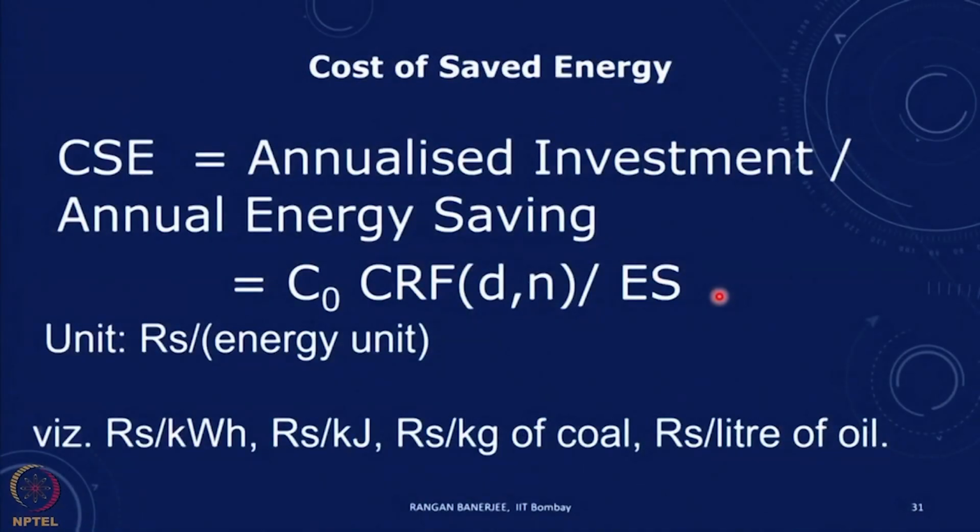So, there is this other concept, the cost of saved energy, which is very similar to this concept. The cost of saved energy is where we take the annualized investment divided by the annual energy savings. In many cases, when we talk of a new generating plant, we talk of rupees per kilowatt hour, and when we talk about savings, we want to compare it with generation.